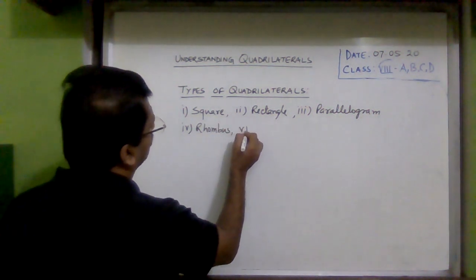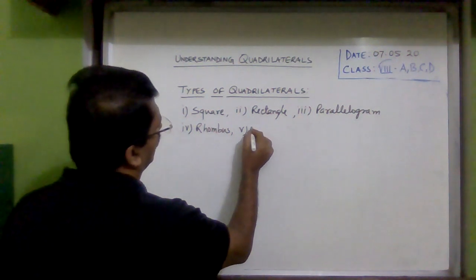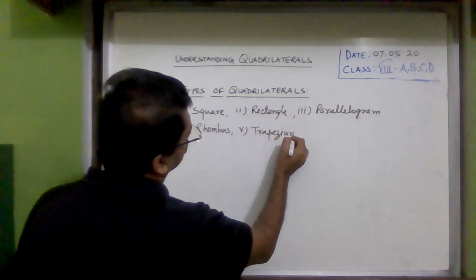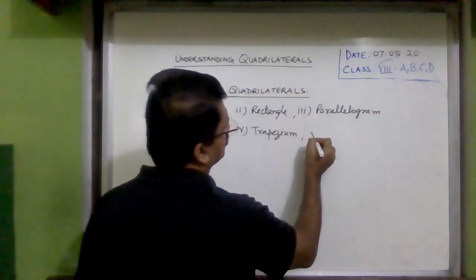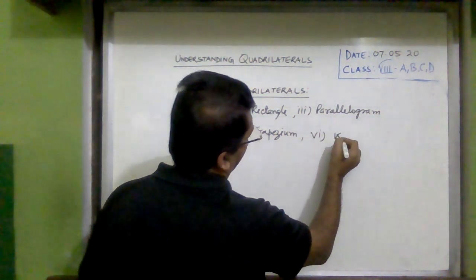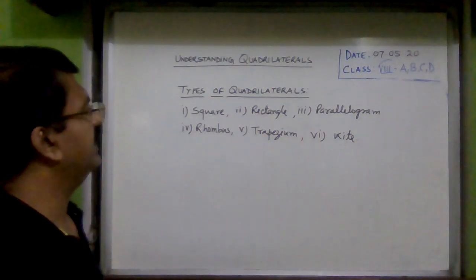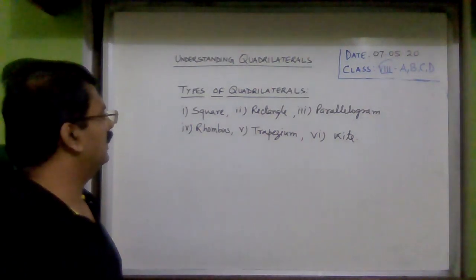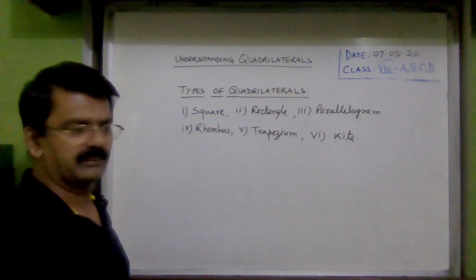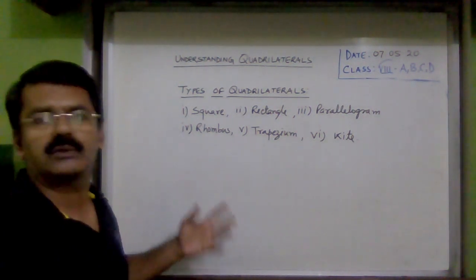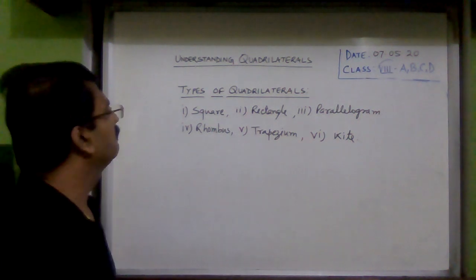The fifth one is a trapezium. And the sixth one is a kite. Okay, so square, rectangle, parallelogram, rhombus, trapezium and kite. Mainly these special quadrilaterals we are going to study.